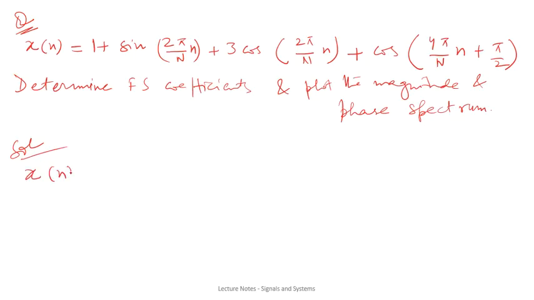So first let us simplify this expression. We can write it in this form, in the form of omega naught. So all things are same, only we have just put the frequency here.